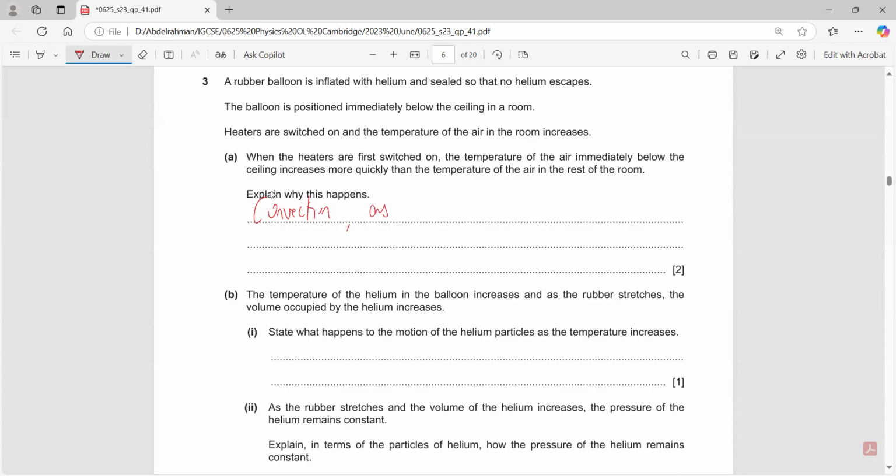As the temperature increases, the density of hot air decreases. So hot air rises up and cold air falls down.